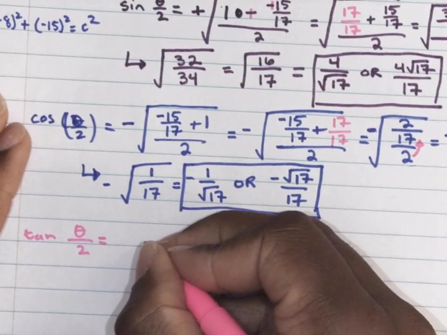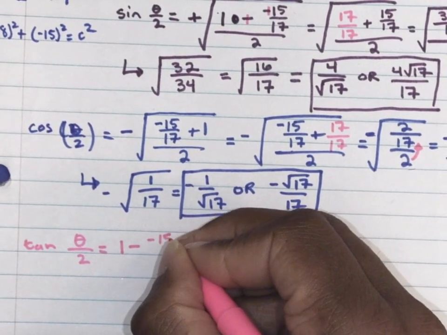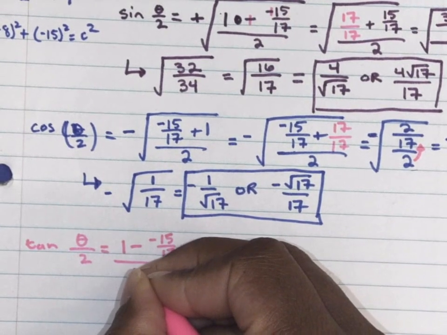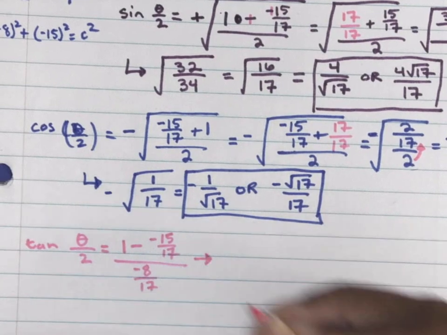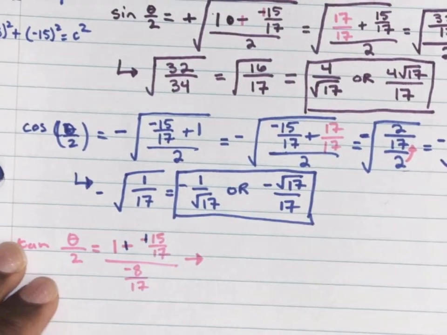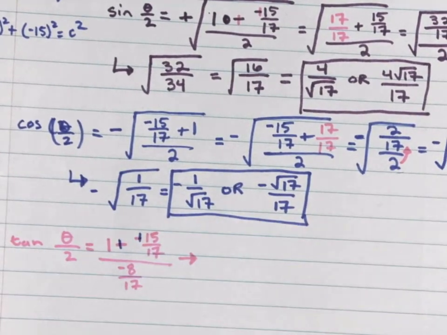All right, so I got 1 minus cosine divided by sine. And these are just the exact values that we got from before. Subtracting a negative will make it positive. And I need to get a common denominator of 17.